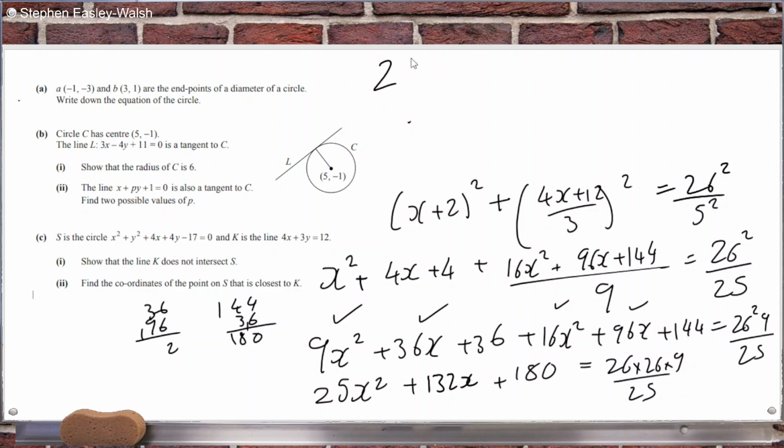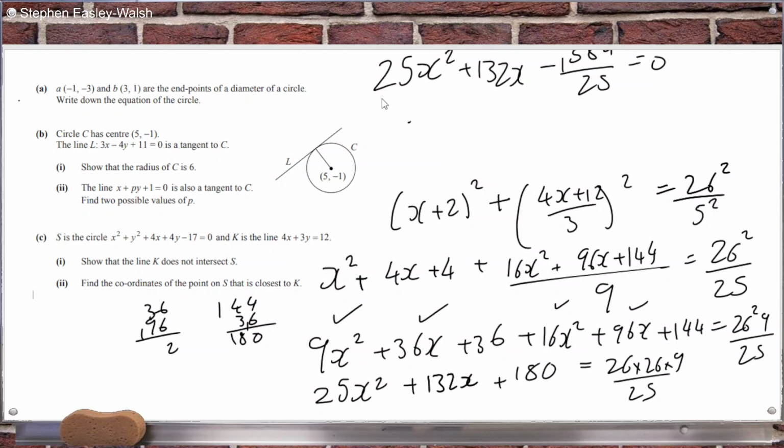Okay. 25x squared plus 132x, and then 180 minus that guy is minus 1584 over 25 equals 0. Sorry, that got cut off. Maybe I will multiply by 25.